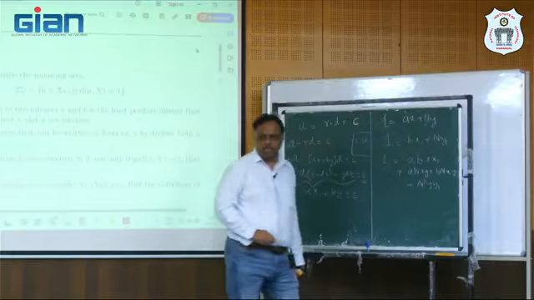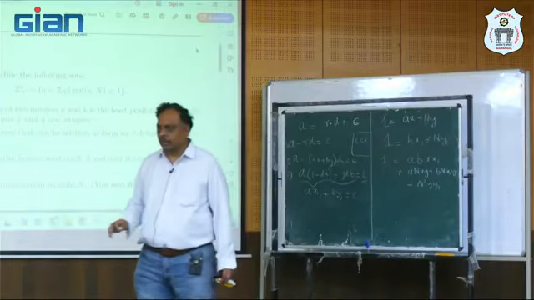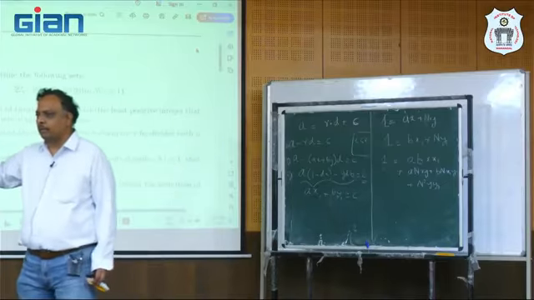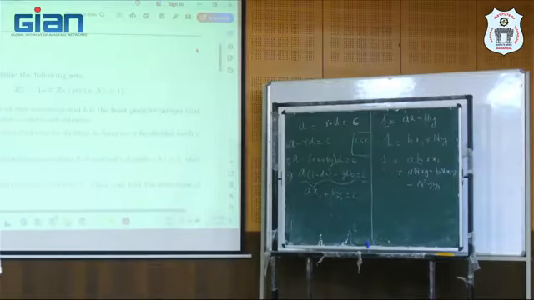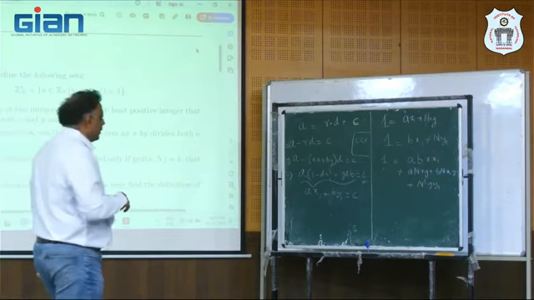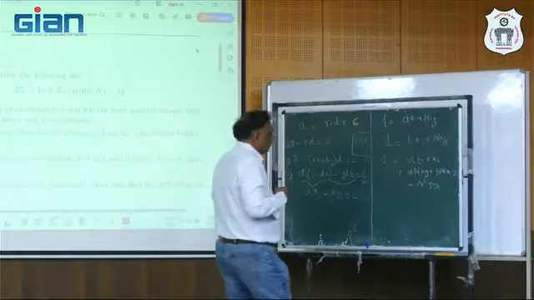Agreed? Multiply both. See, everything that we are doing here is mod n. Multiply the two. Now, what are we getting?